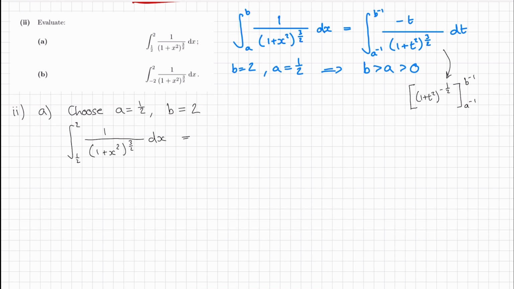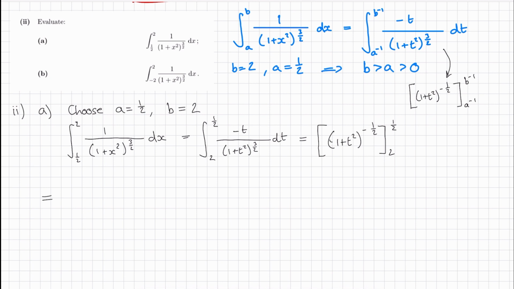We know that this equals the integral from a half to negative b of 1 over (1 plus t squared) to 3 over 2 dt, which can then be evaluated at our limits of a half and 2. I'm going to move back over here.